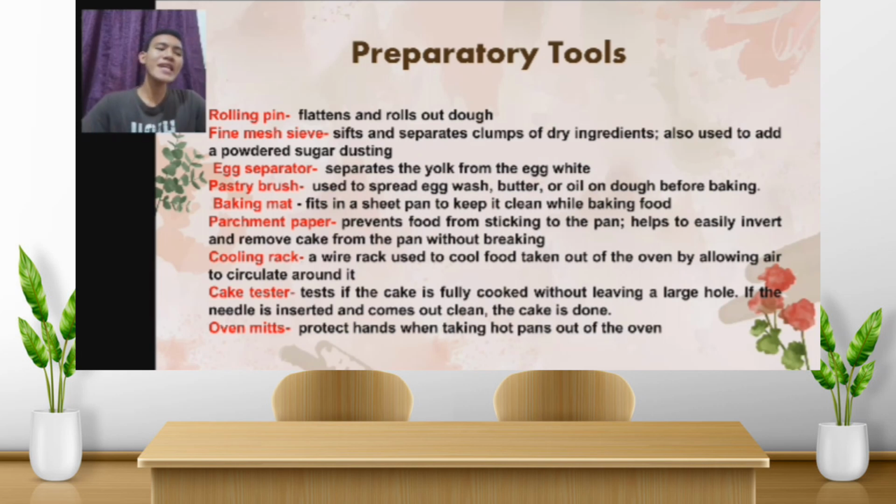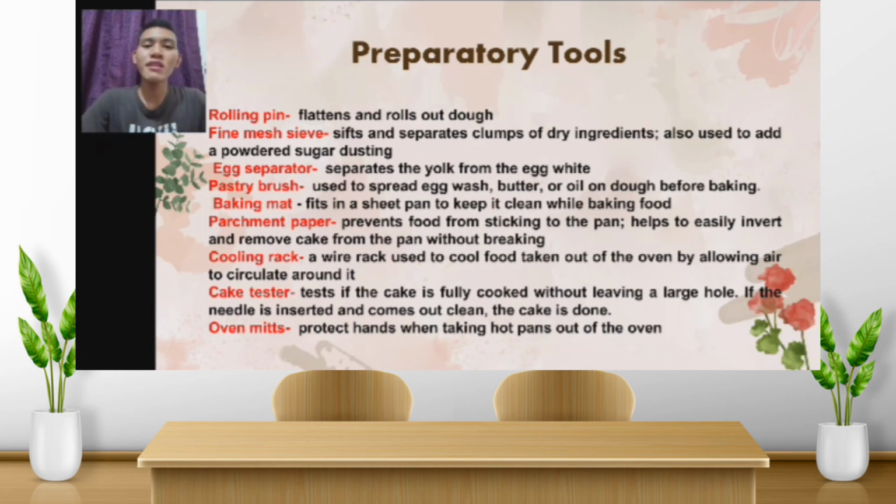So the baking supplies listed below are helpful when it comes to preparing the necessary ingredients or protecting the food. Starting off with the rolling pin. I know you are familiar with this one. When we say a rolling pin, it is to flatten and roll out the dough. Okay, katong anaon tuyok-tuyok mo na siya.